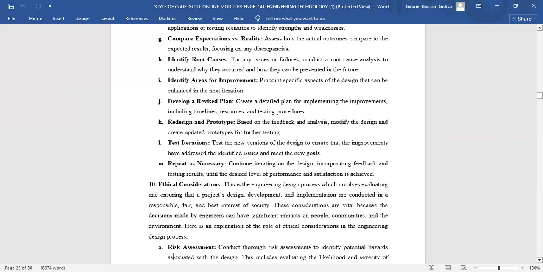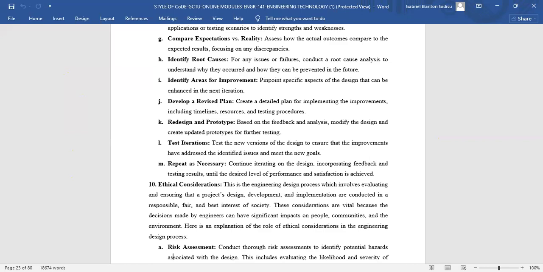In the engineering design process, this involves evaluating and ensuring that the project's design, development, and implementation are conducted in a responsible, fair manner and in the best interest of society.